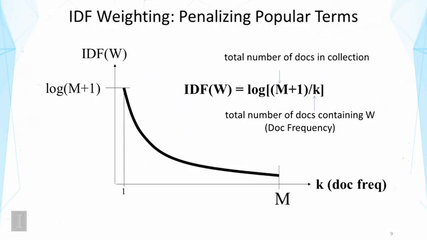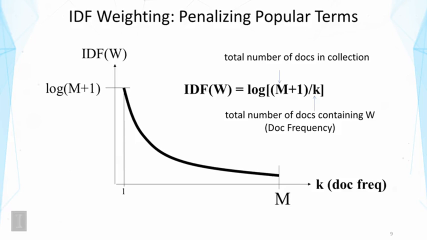So more specifically, the IDF can be defined as the logarithm of m plus 1 divided by k, where m is the total number of documents in the collection. K is the DF, or document frequency, the total number of documents containing the word W.